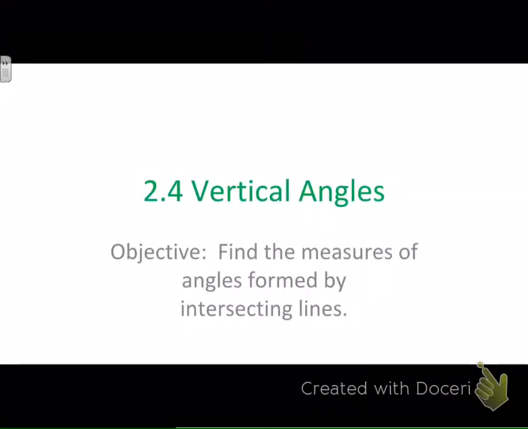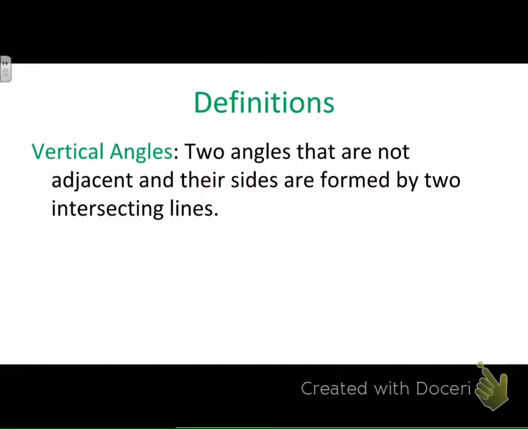Alright, vertical angles. The objective is to find the measures of angles formed by intersecting lines. The definition of a vertical angle: two angles that are not adjacent and their sides are formed by two intersecting lines. So vertical angles would look like this.